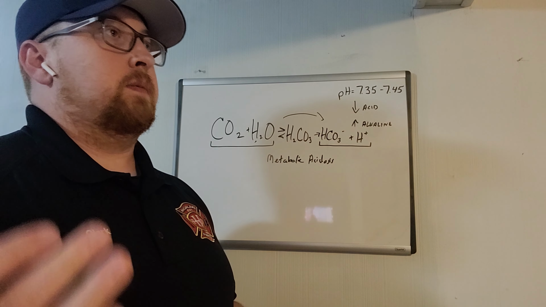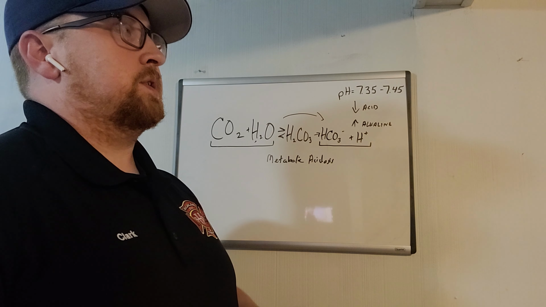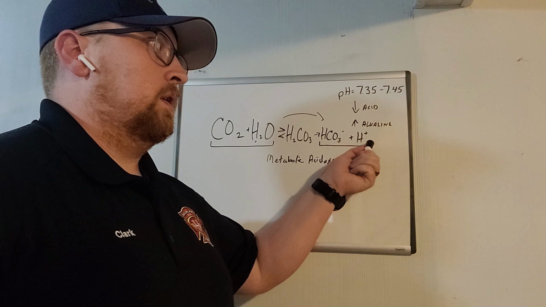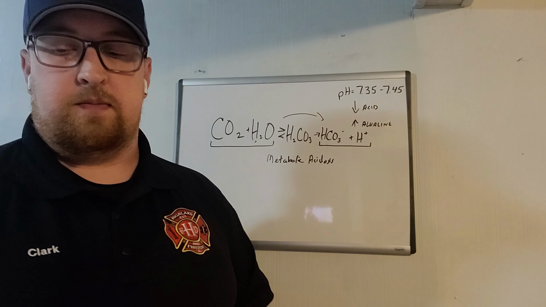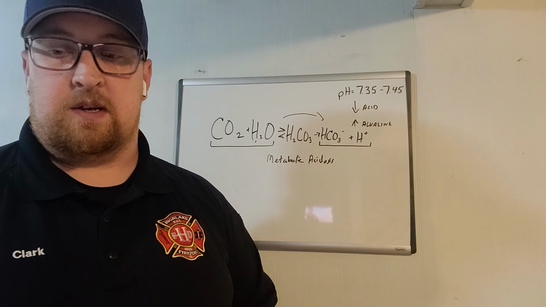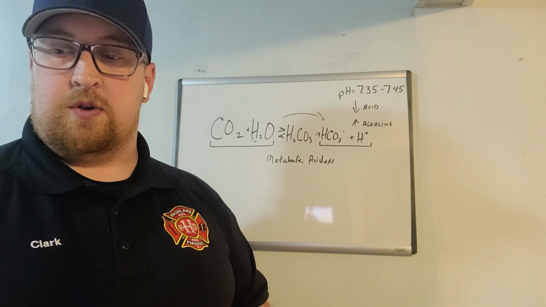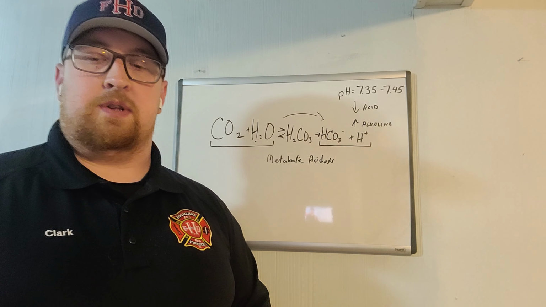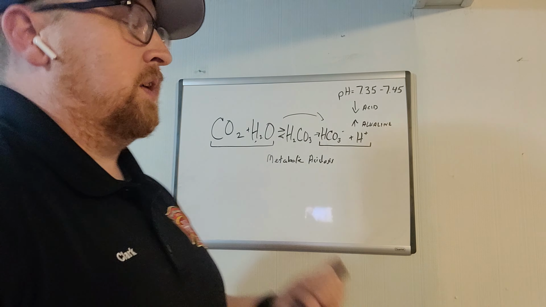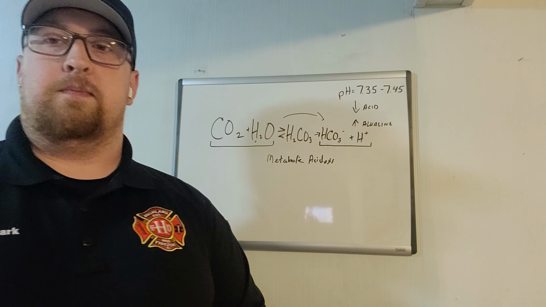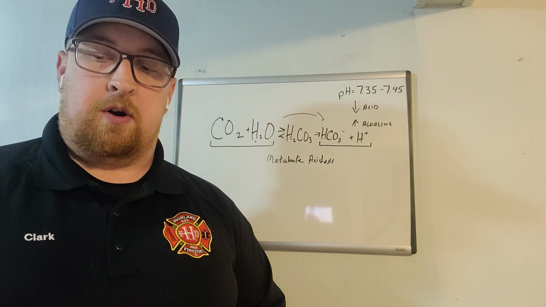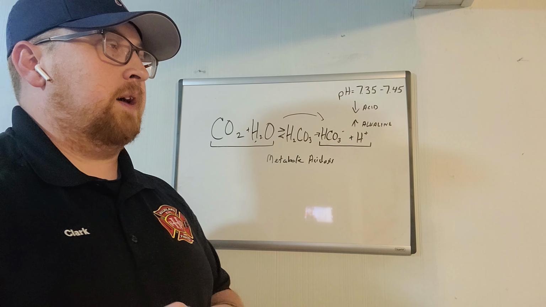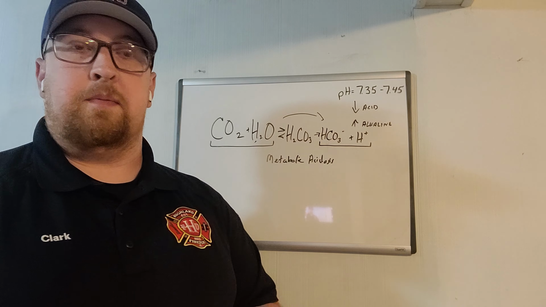And so you have more acid, which creates a higher number of hydrogen ions, which again brings your pH down, similar to what I was just saying about the carbon dioxide issue. A lot of times with your metabolic acidotic patients, you're going to see them be tachycardic, have what's called pulmonary edema.